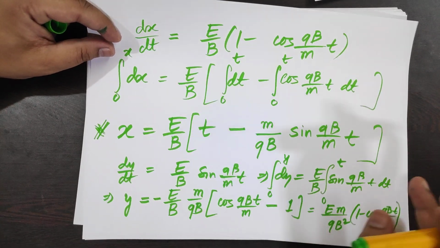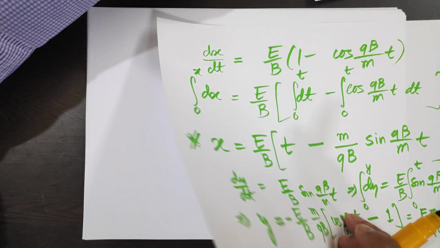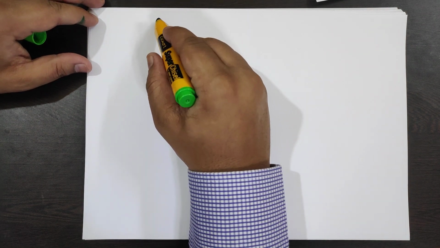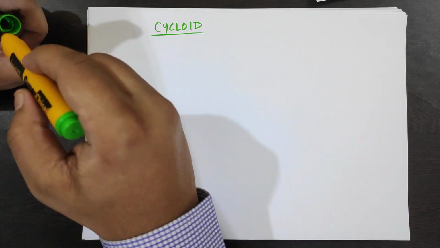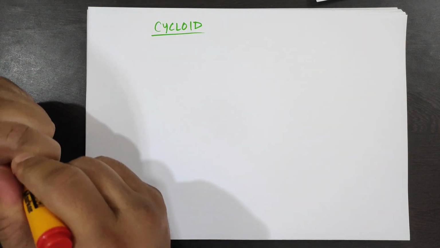But here we will just remember what we have learned last year in rotational mechanics. We have learned about the cycloid. And what is a cycloid? Cycloid is actually a locus.